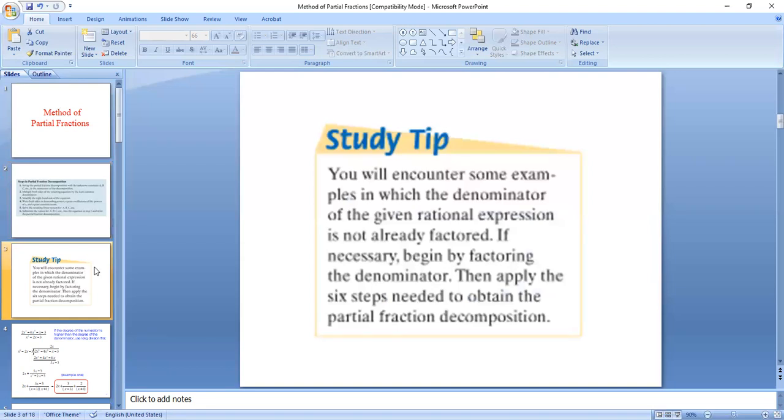Now, take this study step. Most of the time, what makes it complex is that you will encounter integrals in which the denominator is not factored, and even the numerator is not factored. So before you dive into the 6-step process of determining the answer to your integral, which is rational in form, make sure first that you have already done the factoring, of both the numerator and the denominator.